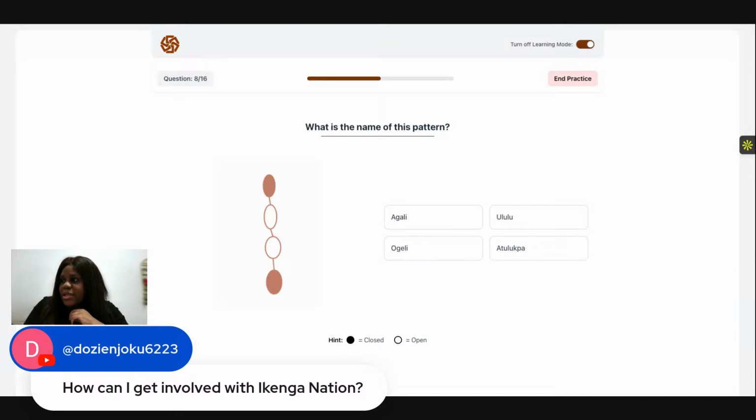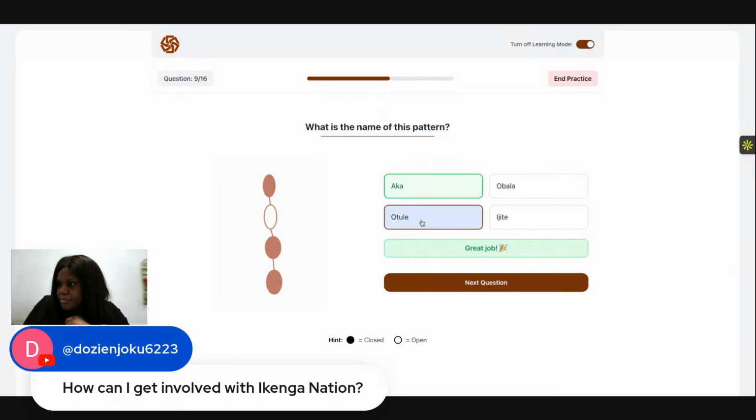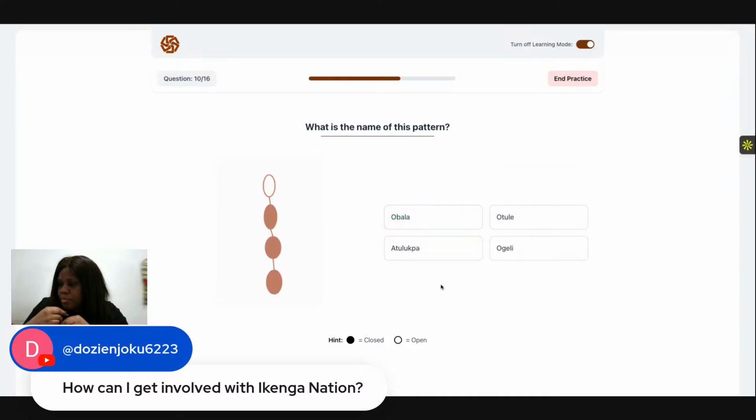This one is Ogeli. This one is Aka. This one is Obala.